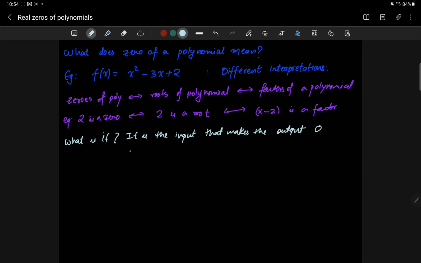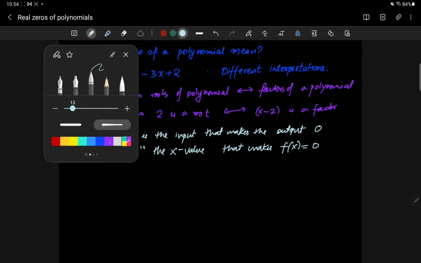It is the x value that makes f of x equal to 0. Whatever that x value is, it is called the zero of a polynomial, or the root of the polynomial, or another way to say that is that x minus that number is a factor of the polynomial.